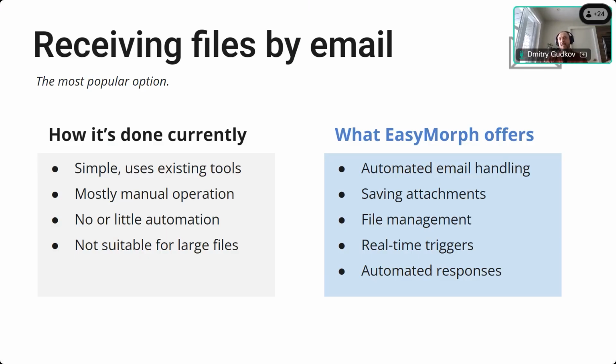And all that can happen in real time, where automations are triggered by incoming emails, and you can even add advanced capabilities such as automated responses or automated validation. So that's all part of the EasyMorph platform.